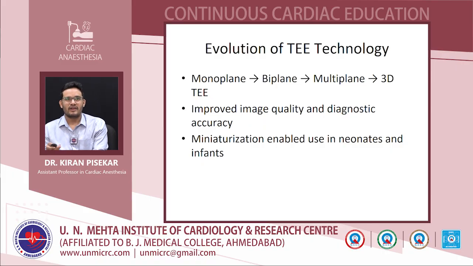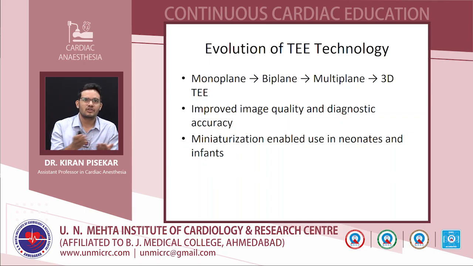Now as we know already, we have different TEE probes available. Historically, they created a monoplane TEE probe, which gave us a TEE image in just one plane. Then came biplane, 0 degree, 90 degree. In between we don't have anything. Then came multiplane, in which we can get the 360 degree view of the heart.